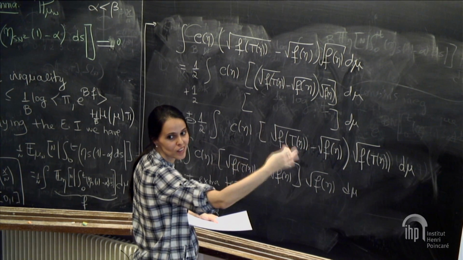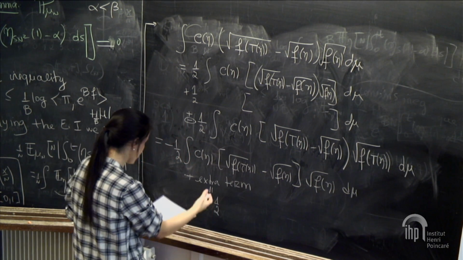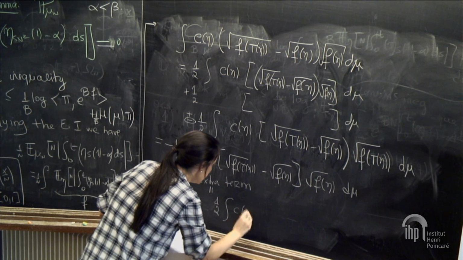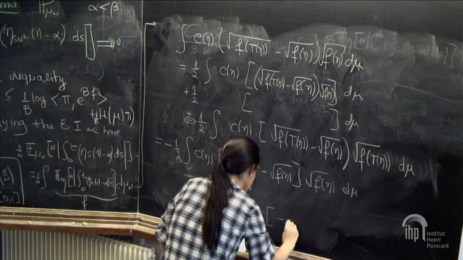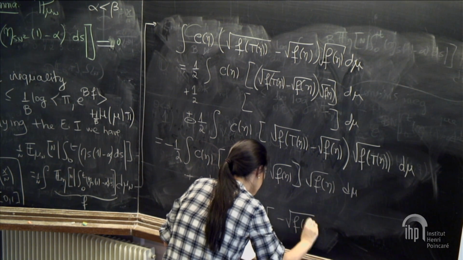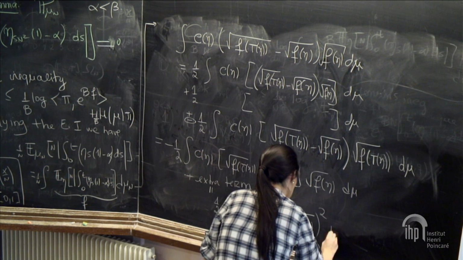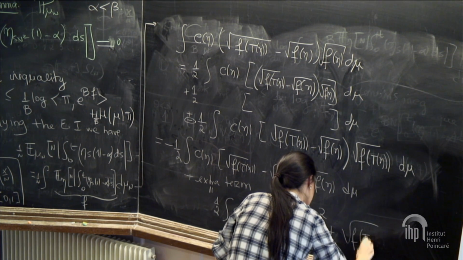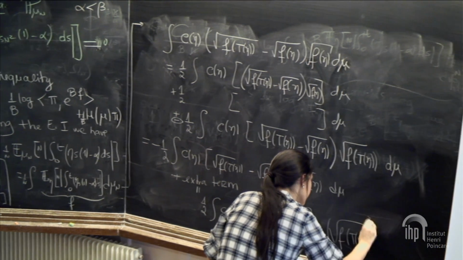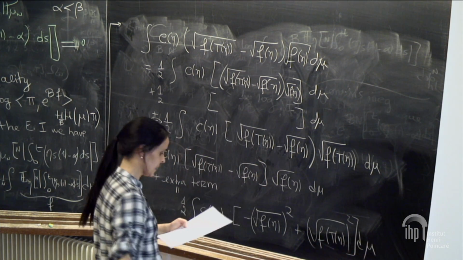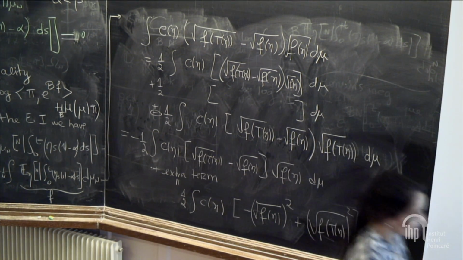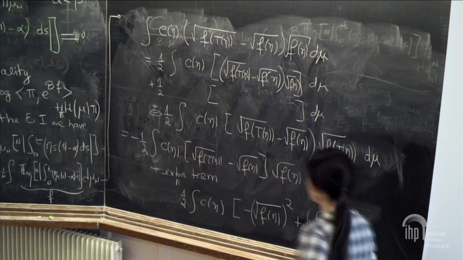You see that there are terms which cancel, and what you get is exactly this: c eta, minus the square root of eta, to the square. There's a bracket here. And now, maybe here, can I erase this one?